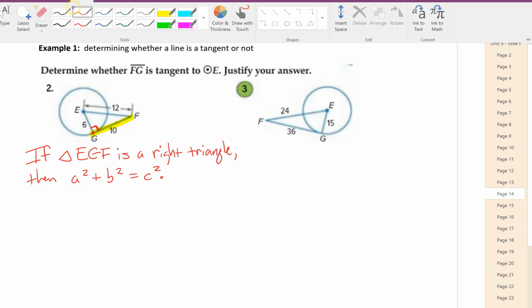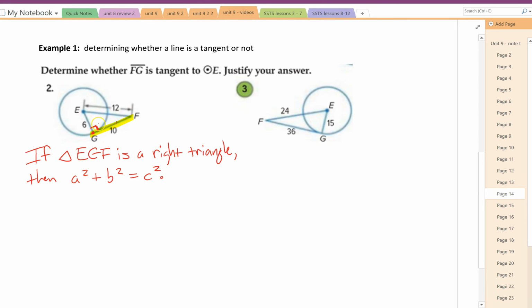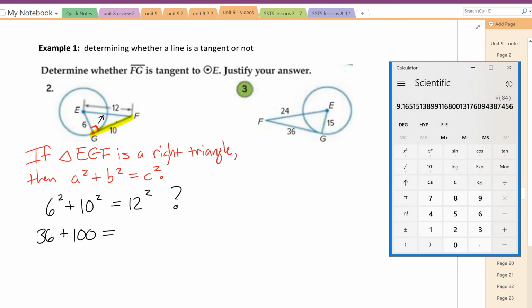So what's a, b, and c in this triangle? Well, the hypotenuse is c, so it's telling me here that from E to F is 12. So c is going to be 12, and then a and b are 6 and 10. So I'm going to say 6 squared plus 10 squared equals 12 squared. So I don't know if that's true yet. I'm going to test and see if it's true. 6 squared is 36, 10 squared is 100, 12 squared is 144, I'm pretty sure.